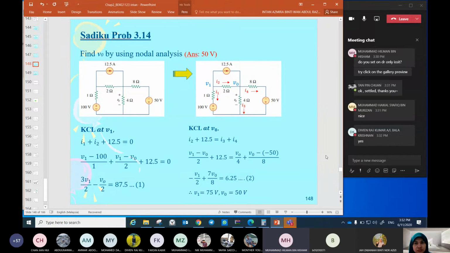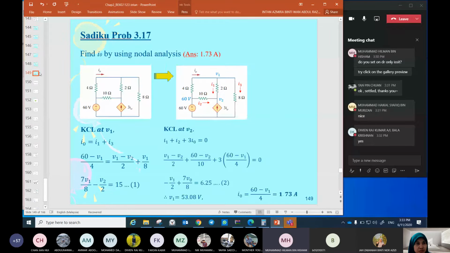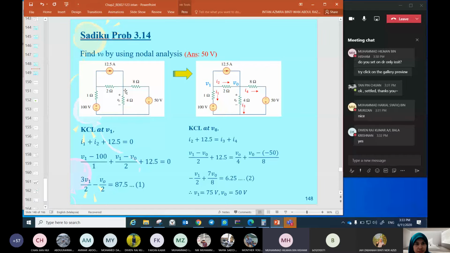Madam, at V1, the equation I1 plus I2 plus 12.5 equals 0. So madam, at V1 I wrote negative I1 minus I2 minus 12.5 equal to 0, is that also okay?